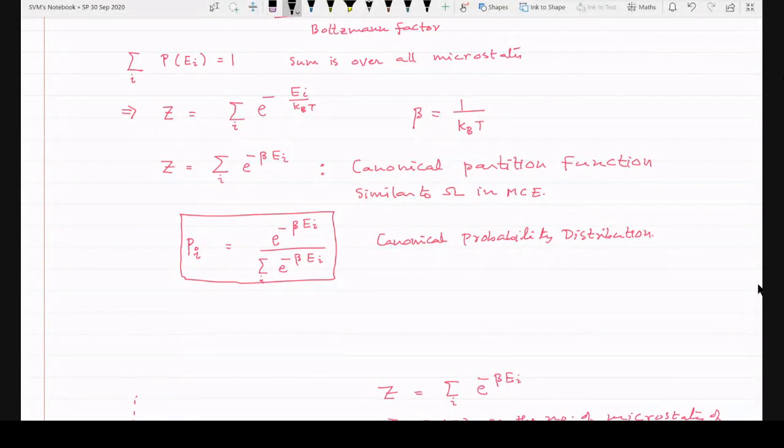So in some sense, this particular formula that we have written here, if you understand this and if you have learned to use this, that means you can do statistical mechanics fairly comfortably. So I would like you to concentrate on trying to understand this, or at least remember this, so that you can use it again and again in applications.